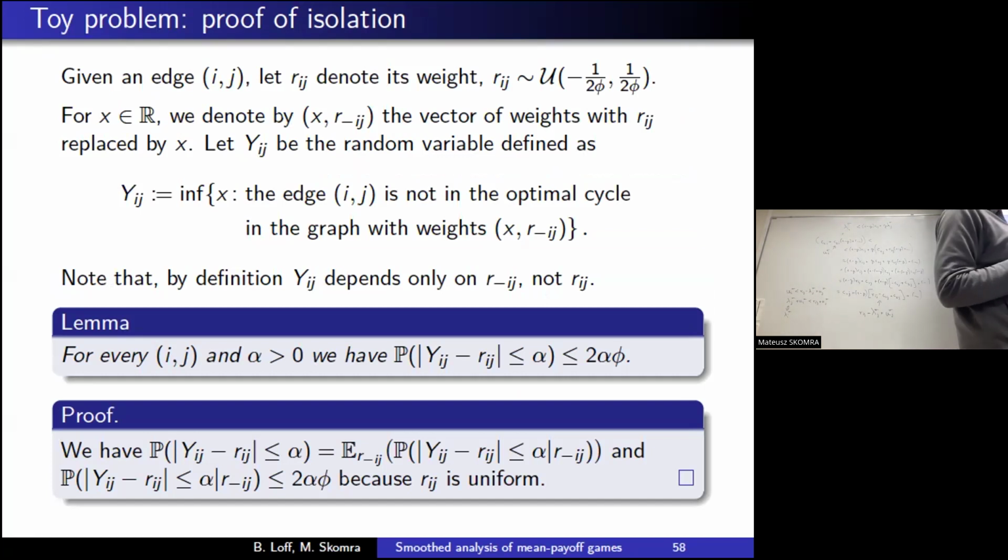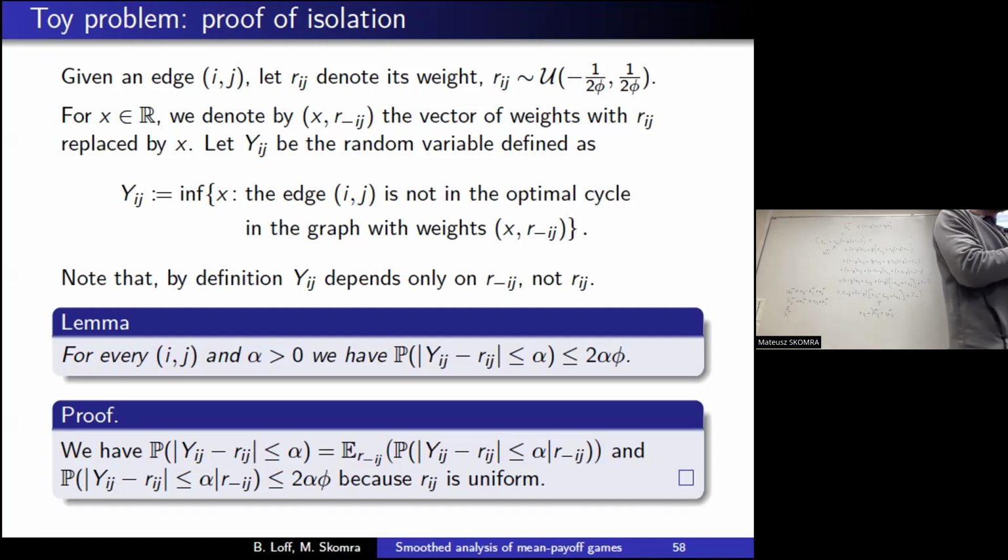For every edge, I will define a random variable y_ij, and I define it like this. I parameterize this edge by x. So instead of looking at my fixed weight, I will look at it as a parameter, and I will see what happens when all of the other weights are fixed and only my parameter varies.